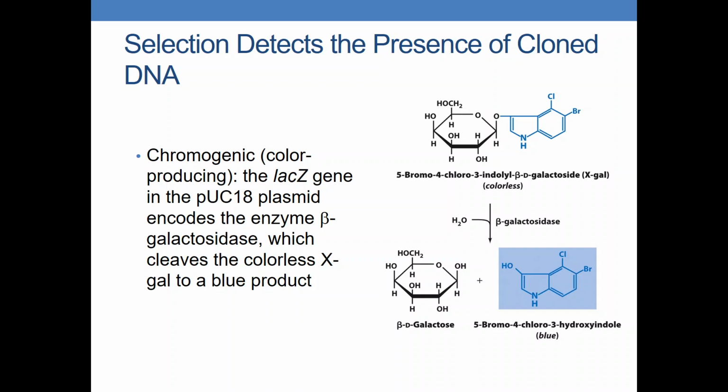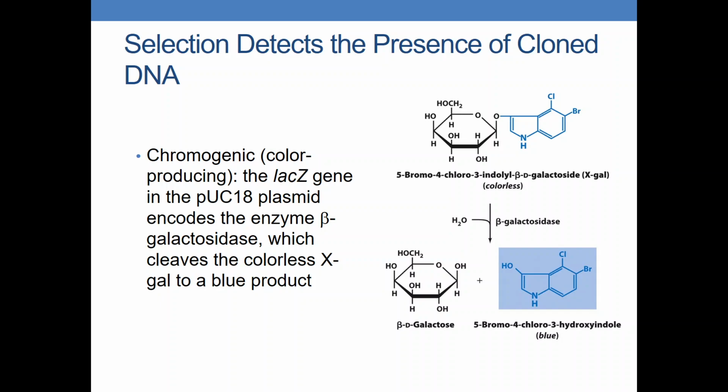If you do not have active beta-galactosidase, your colonies should be not blue, more of your normal colony color. So what you can do at that stage is take your plate and pick colonies on the basis of blue or not blue.